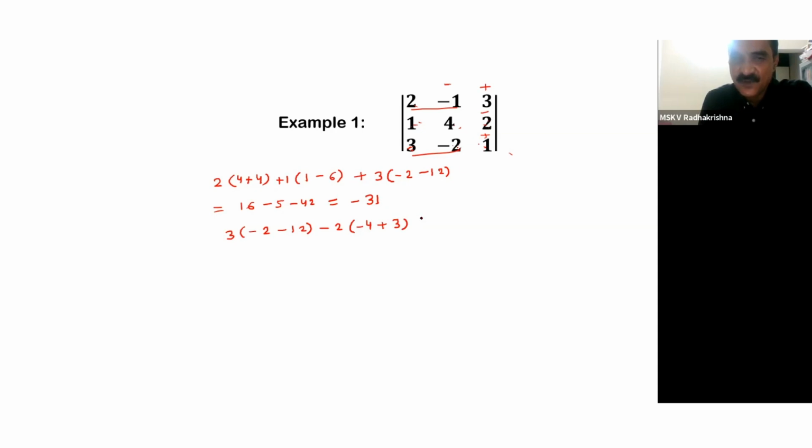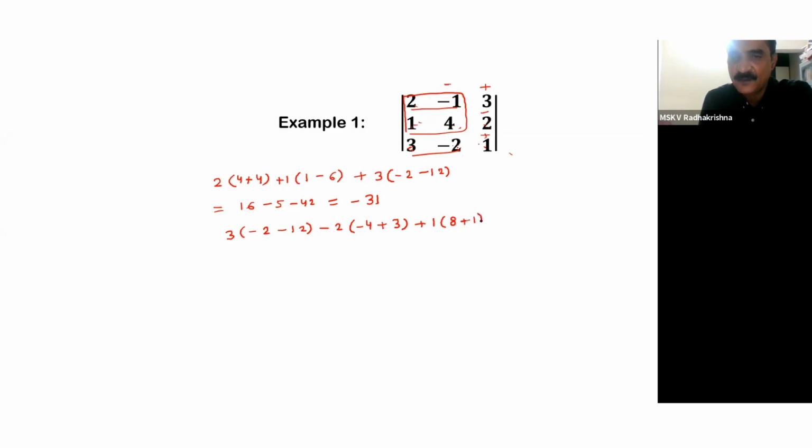Next, plus 1 into the subdeterminant for the third element, plus sign. What is this value? 2 into 4, 8, minus 1 into minus 1, minus of minus 1 is plus 1.